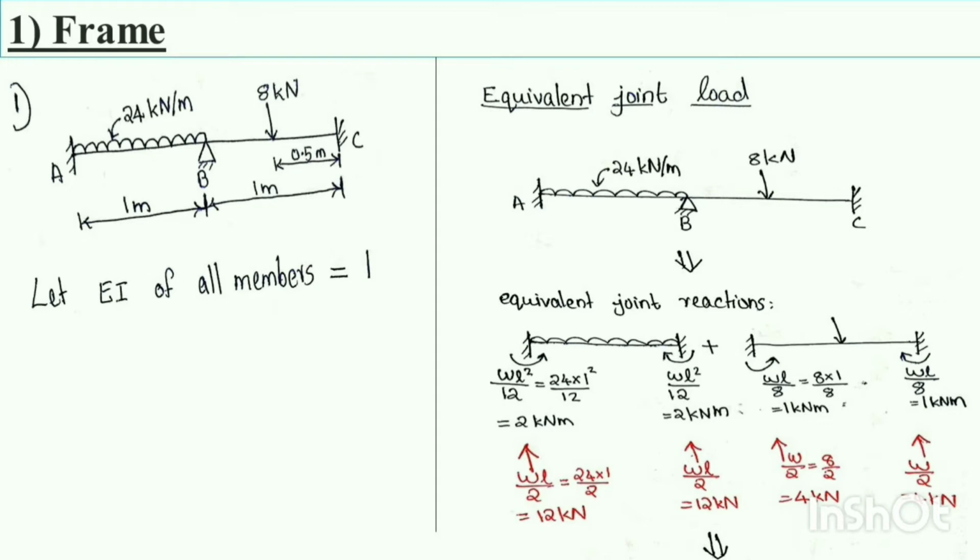It will be transferred to joint A and B. Similarly, in span BC, a point load 8 kN is acting. It will be transferred to joint B and C. While transferring a load to adjacent joints, we will get forces as well as moments.